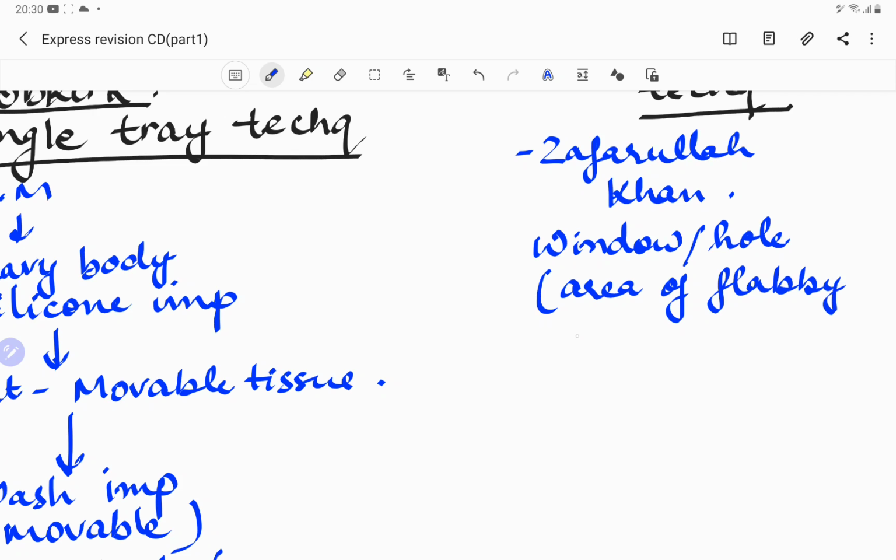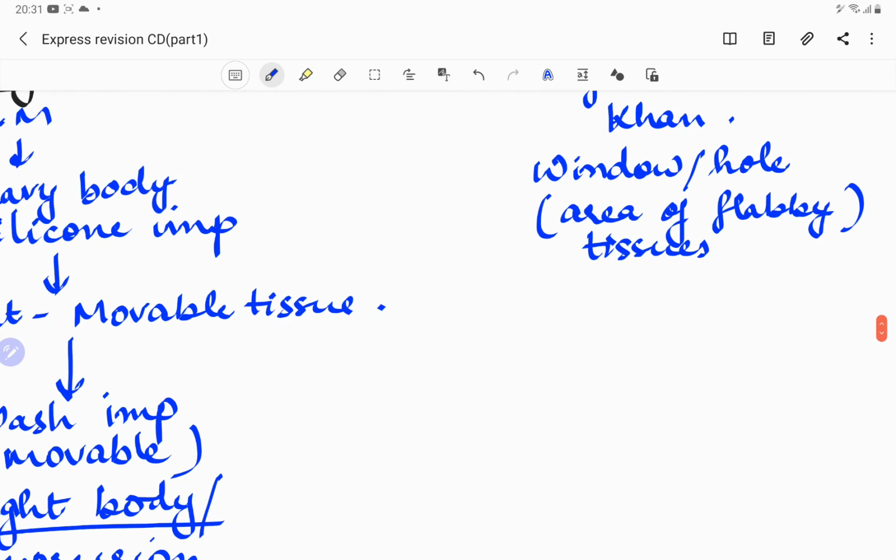So wherever the flabby or movable tissues are, the custom tray we first trim. The first impression we take is the mucocompressive impression.